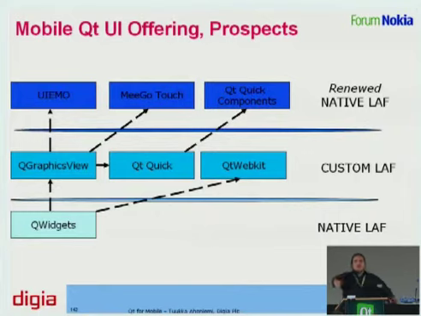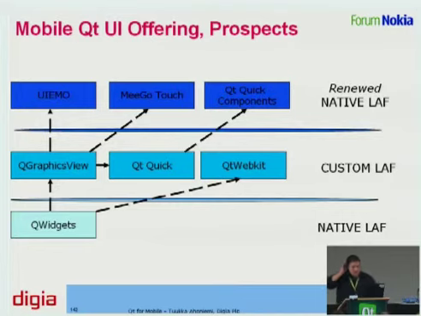Yes, the question. If the goal of Qt is coding once and deploying everywhere, what's the point of having two different frameworks for deploying on MeeGo and on Symbian? Different user experience. Yeah, but the point is, devices differ. MeeGo Touch is not only for handsets, it's also for mobile computers, for instance in-vehicle devices and so on.